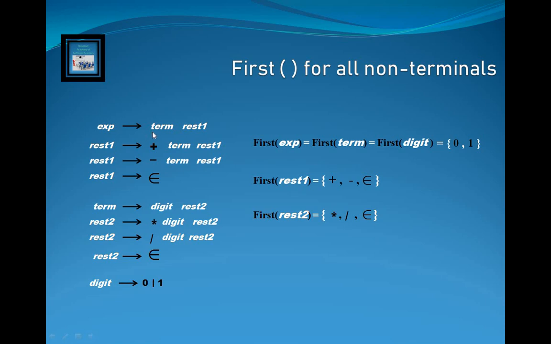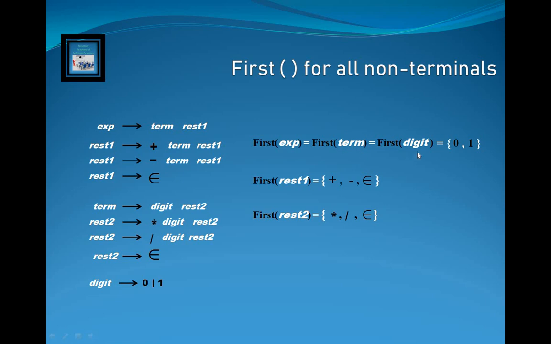Whatever the non-terminal is, first we have to get the first of that non-terminal, then we will get the answer of first of exp. And in term's production, there is only one production: term can have the form of digit rest2, so it starts from the non-terminal digit. So first of term will also be equal to first of digit.